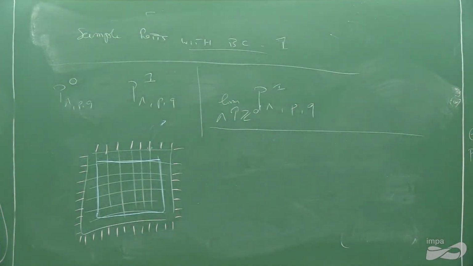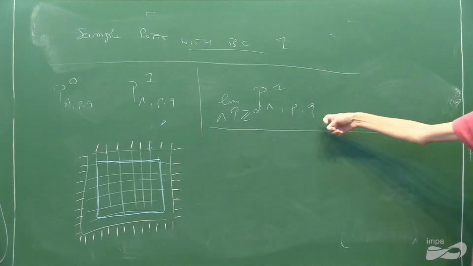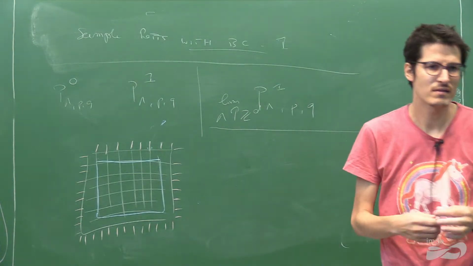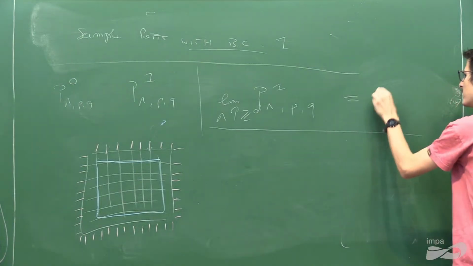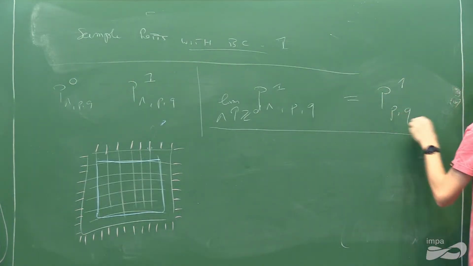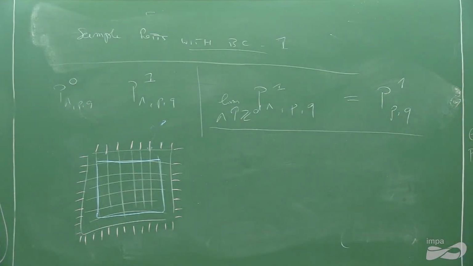Remember what we did for the Ising model when we wanted to define the limit of this. The limit of this, I will call it P1, p q. Maybe let's not define it as a measure, but as a state.